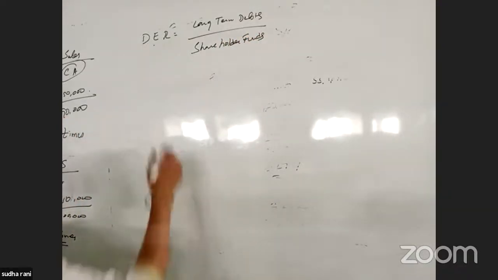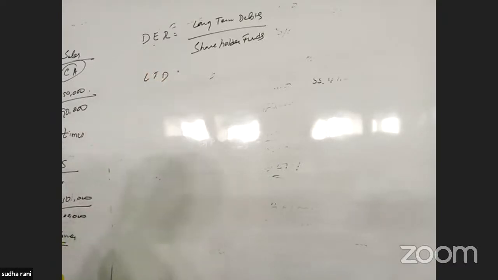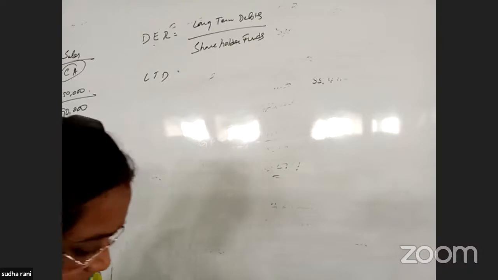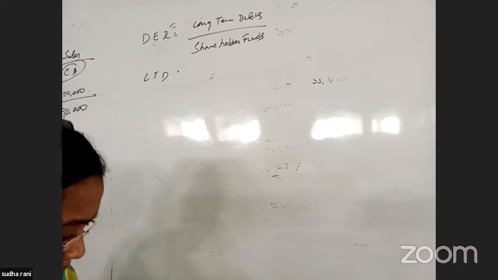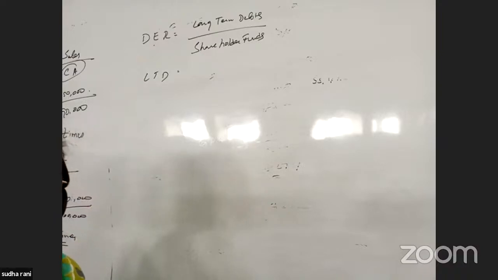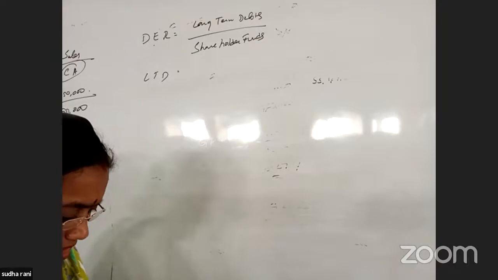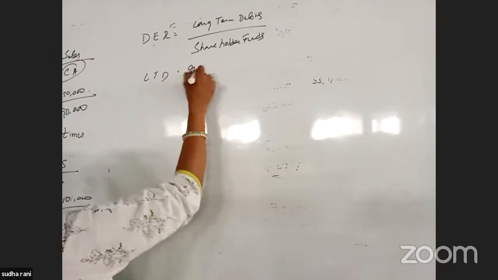If you do this, you will get the debt equity ratio. So what are the long-term debts given to us in the question? 9% debentures only. We should take 9% debentures because equity share and preference share come under shareholder equity. Understood? Long-term debts are only 9% debentures.